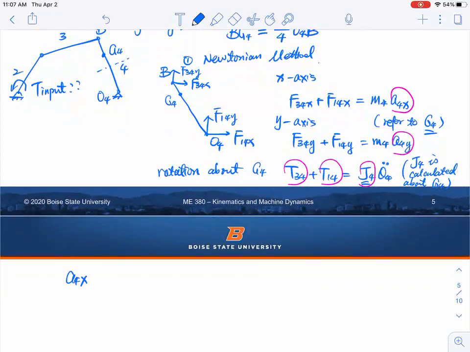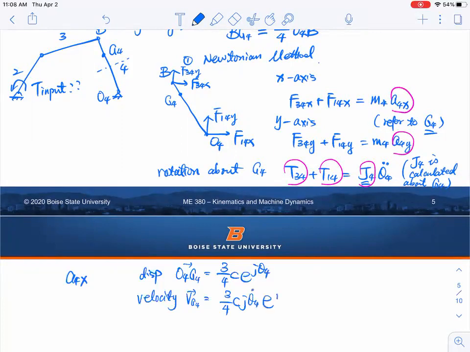So your A4X always starts from displacement O4G4, because we know that this is 3/4 of the total length. That's 3/4 of C e^(jθ4), right? From displacement, you can get a velocity. That's your VG4. It's just one time derivative, 3/4 C jθ4-dot e^(jθ4).